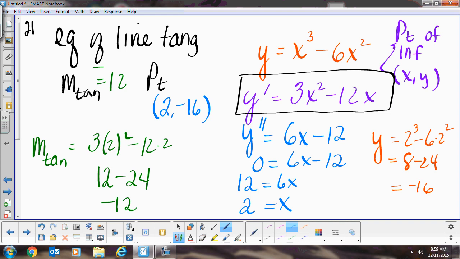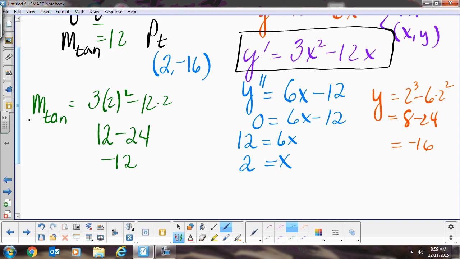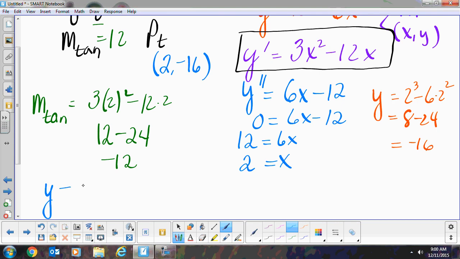Can you write the equation of your line now? Sarah, go ahead and write the equation of our line. Okay, and I stop here and I look at my multiple choice answers and I don't see it.